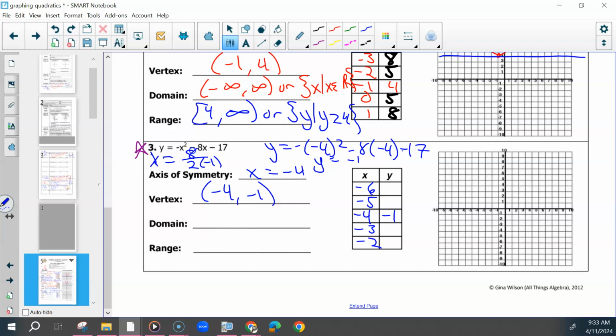Is negative 5 more than 0? I don't know off the top of my head. It could be, it could not be. I don't think so.